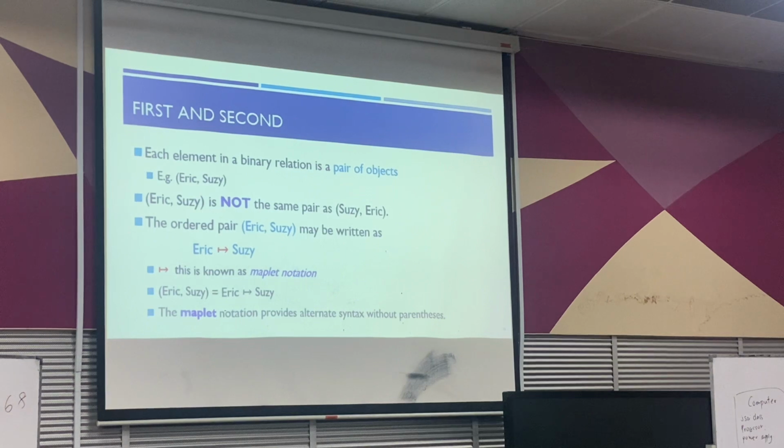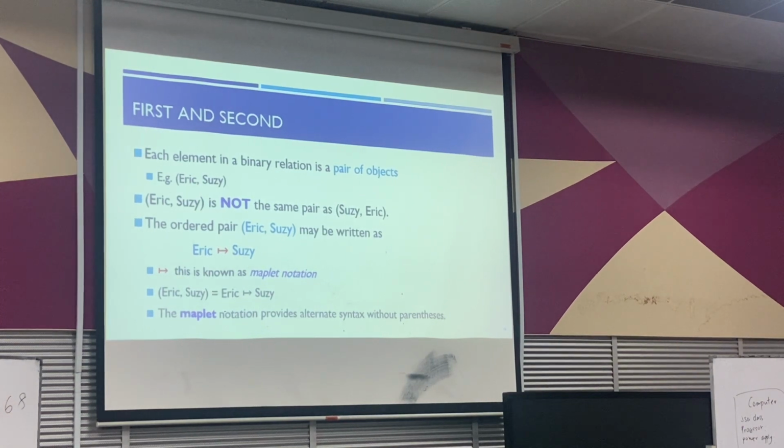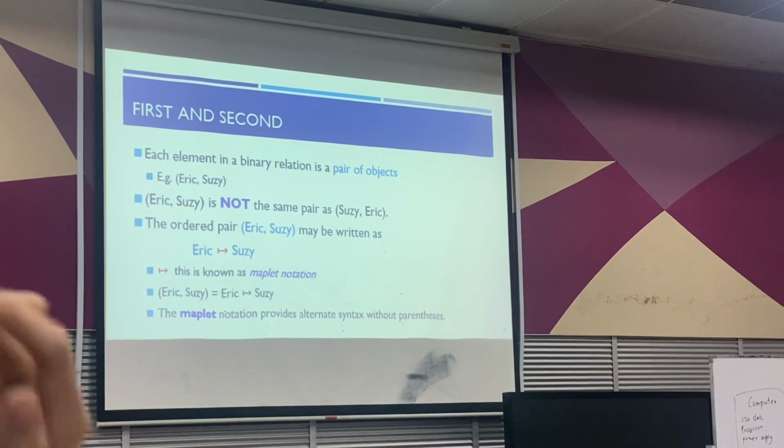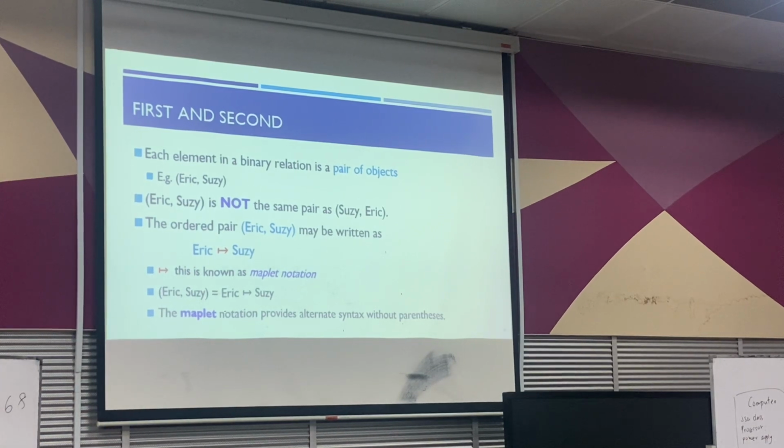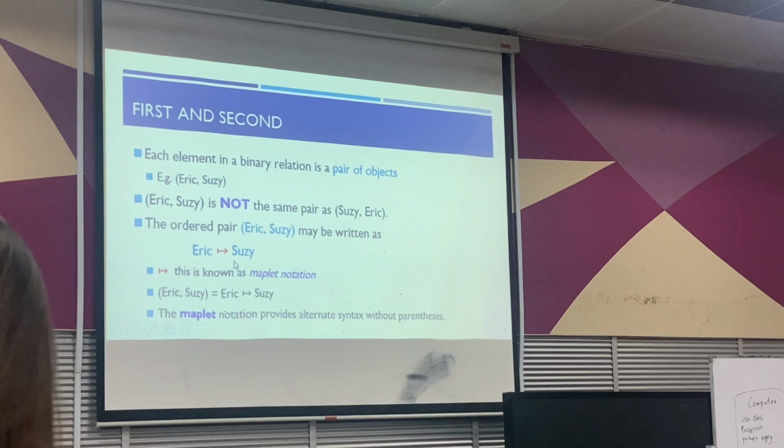Starting from Cartesian product onwards, when you start using relations, we are going to use maplet notation. For maplet notation, you have first and second also, similar to coordinates: first coordinate and second coordinate.